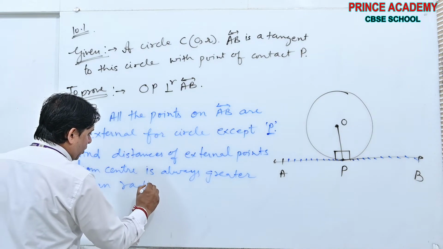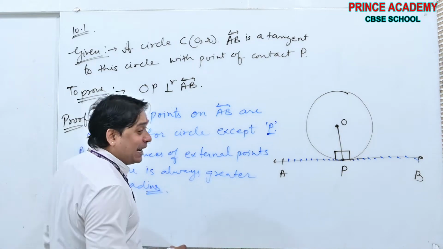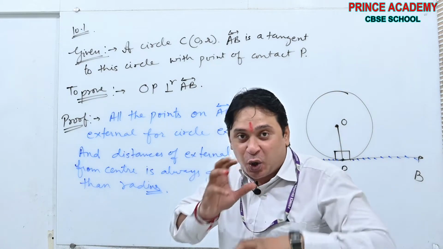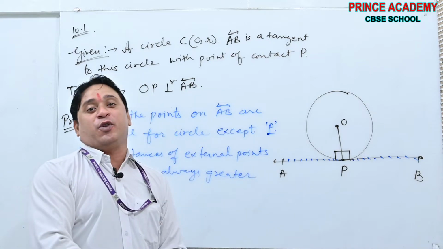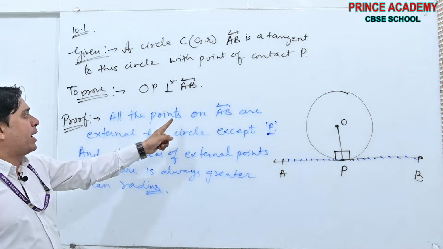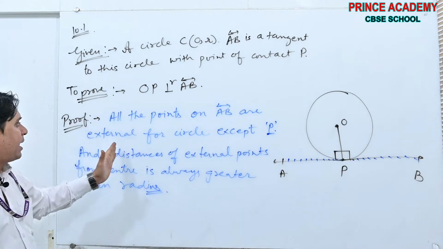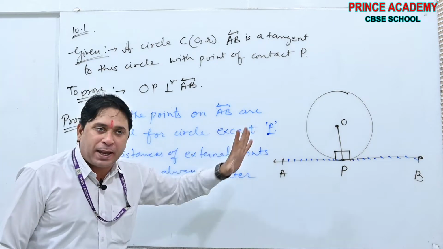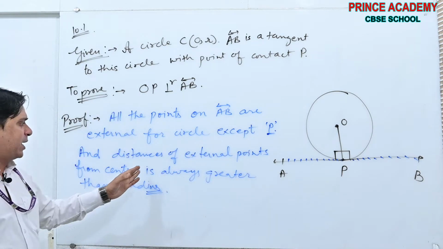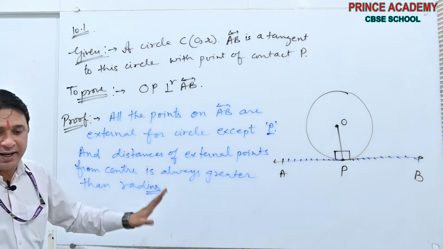Yes or no? This is the fact. That's why I explained the facts to you, so that the theorem becomes very easy for you. See beta, first fact I used here: all the points on AB are external for the circle except P, and distances of external points from the center are always greater than the radius.